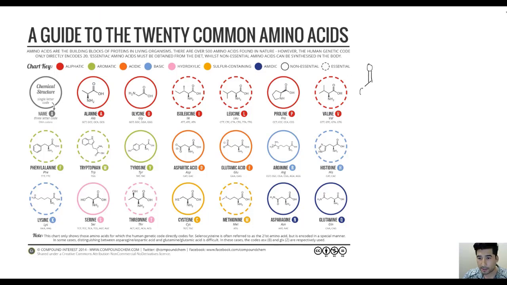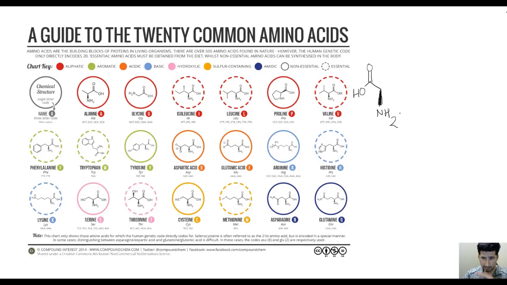So this right here is the carboxylic group of glutamic acid. This right here is the amine group. And I put an extra proton on it. But it wasn't wrong.